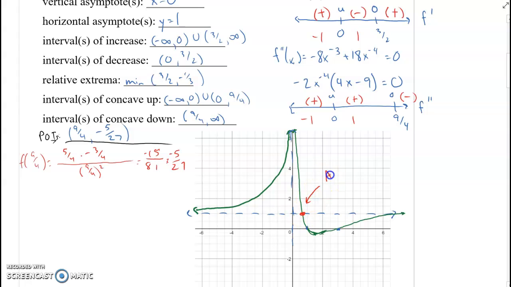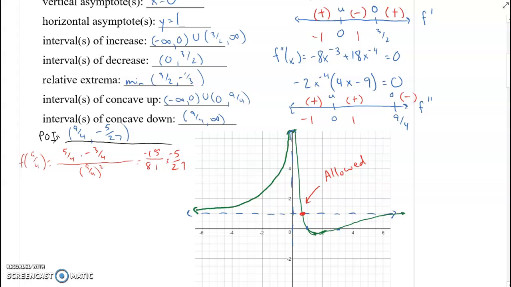You are allowed to cross a horizontal asymptote, because horizontal asymptotes don't care about all that interesting stuff in the middle of the graph. Horizontal asymptotes talk about after all that interesting stuff is done, what happens as x goes to infinity, and eventually it levels off and the function approaches a y value of 1. But here in the middle, our graph does all sorts of other wonky things.